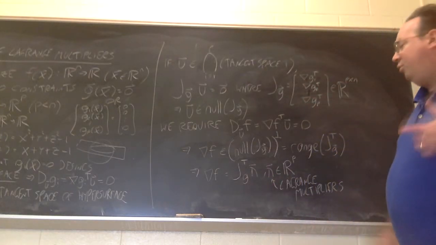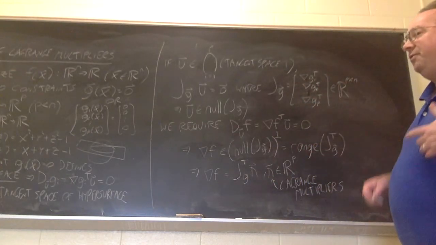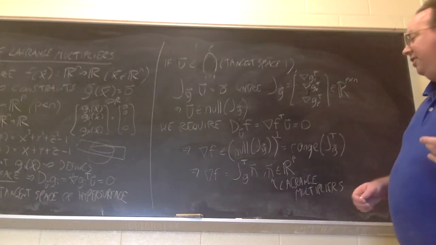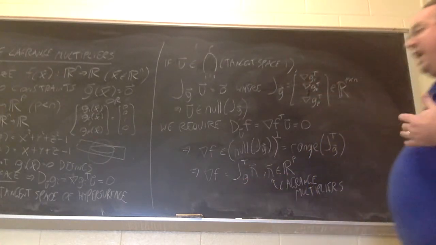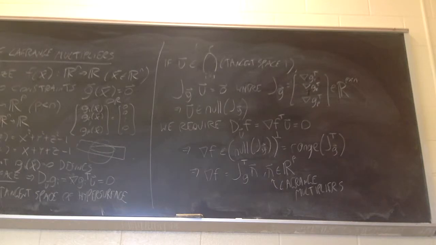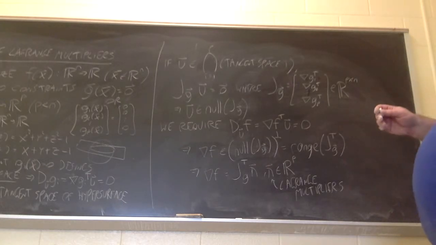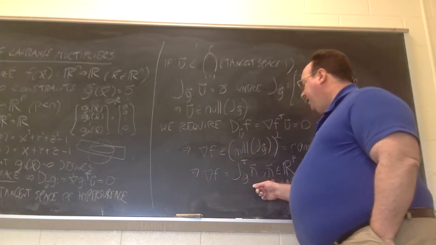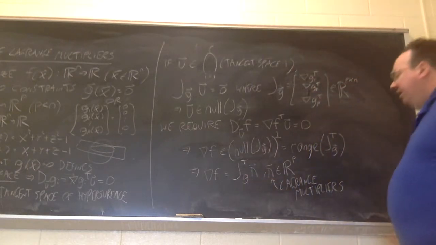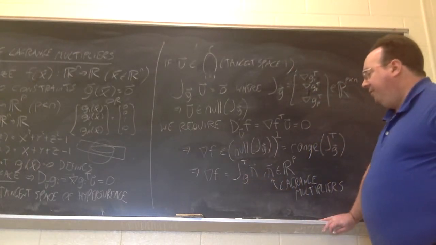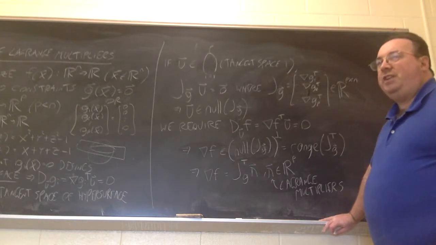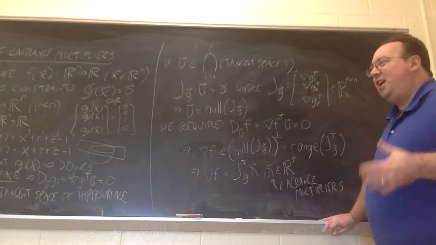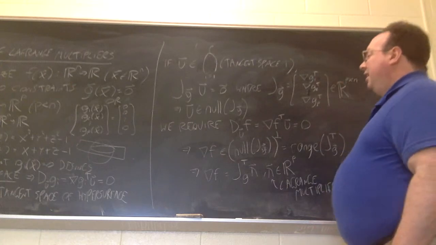And for any point where this happens, we have to find all the x's where this happens, and those same x's must also satisfy the constraints. So this kind of problem, like when I saw it in Cal 4, it's a real pain. You have a whole bunch of nonlinear equations to solve. You have n equations here for the gradient, and you also have p equations for constraints, and they all have to be satisfied. When they're general nonlinear equations, it's quite a pain.